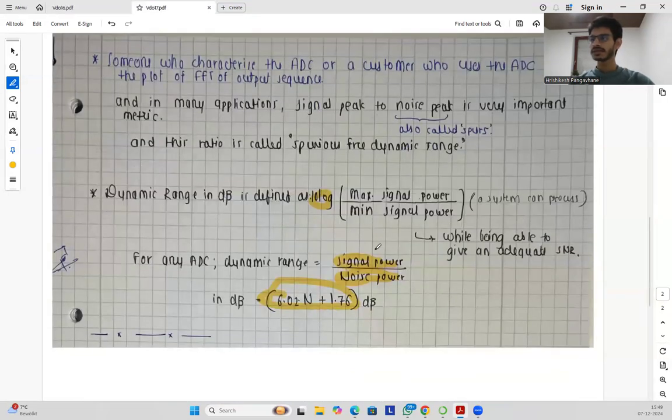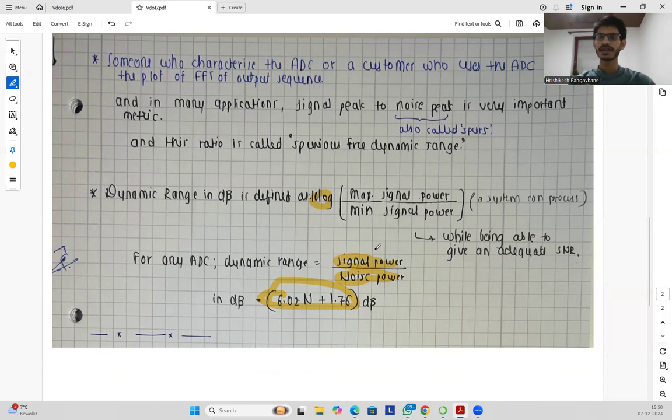With this, we have laid a layman's idea on the spectral analysis of the quantization noise. From this point onwards, we will start with the benefits of OSR. In the first two videos, we talked about the oversampling ratio.